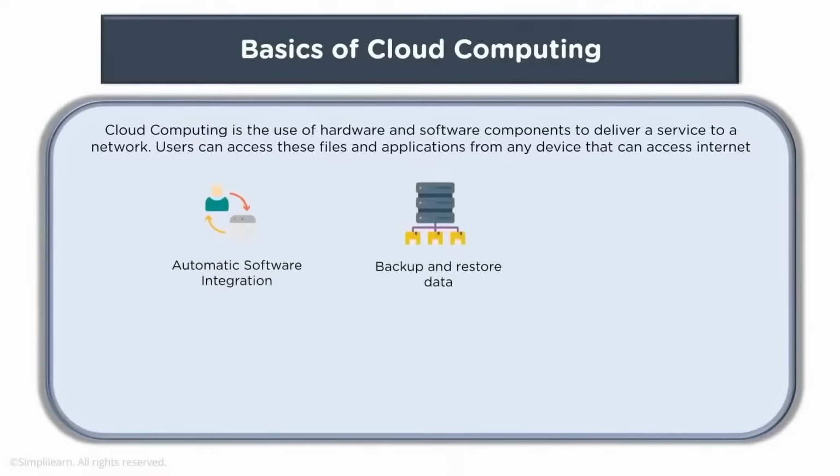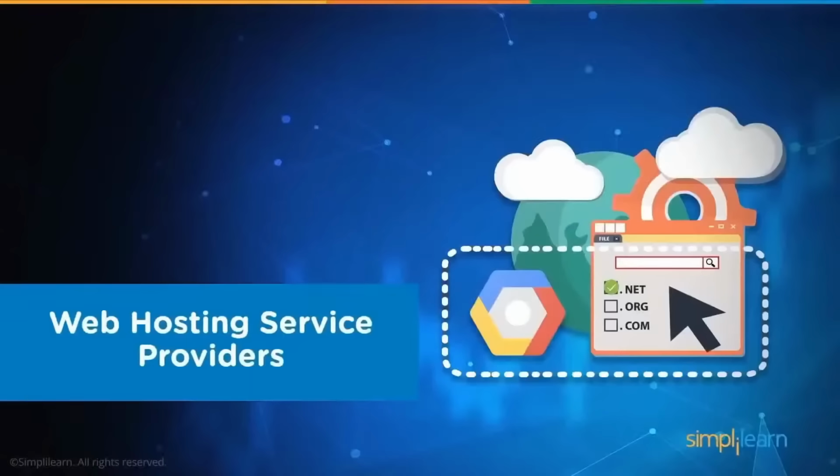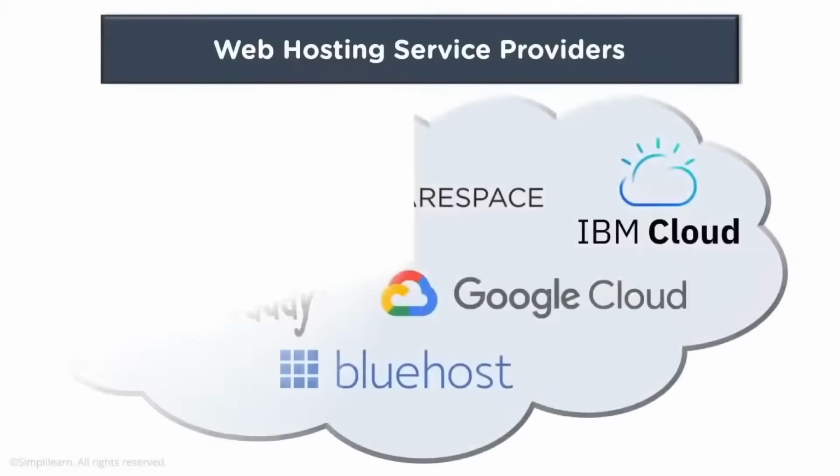Some of the services offered are auto software integration or migration, backing up and restoring data, scaling your storage capacity, that is, going for unlimited storage capacity, and using resources provided by the cloud service provider, benefiting from reliability and cost efficiency offered by a cloud provider. In this case, we are talking about Google Cloud. When you talk about web hosting service providers, there are various web hosting service providers.